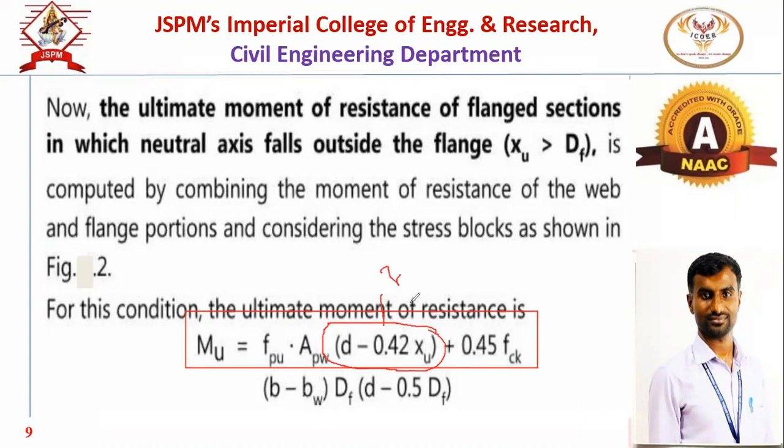Then due to the web portion, it will be 0.45 FCK in bracket B minus BW, where B is the width of the flange and BW is the width of the web portion, into DF in bracket D minus 0.5 DF. This is the force into this perpendicular distance, or lever arm. This is the equation we have to use to get the moment of resistance.